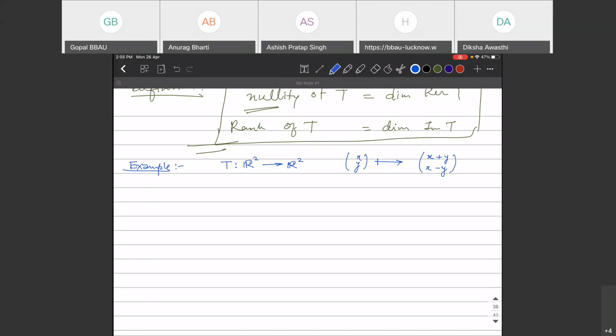So, number one, is this a linear transformation? Is T linear?